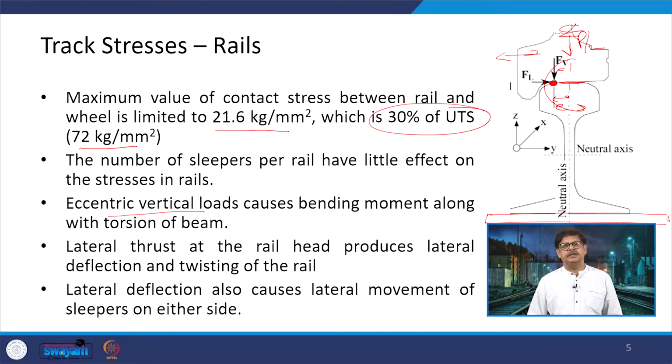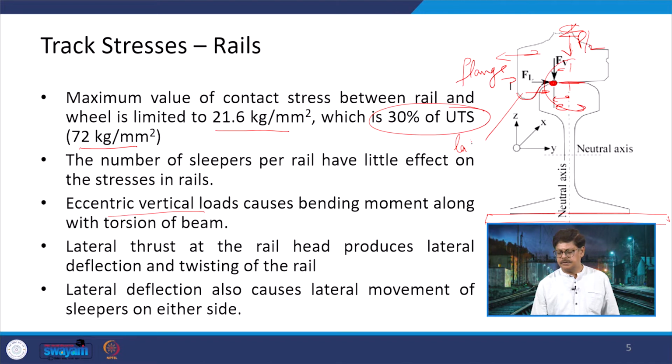Another condition is the lateral thrust. The lateral thrust at the rail head produces lateral deflection and twisting of the rail. So, where is the lateral thrust coming from? Now, if you are talking about this arrangement of a flange, this is a flange on this side which is going a bit down like this. As soon as this comes and hits the rail head, there is a lateral thrust.